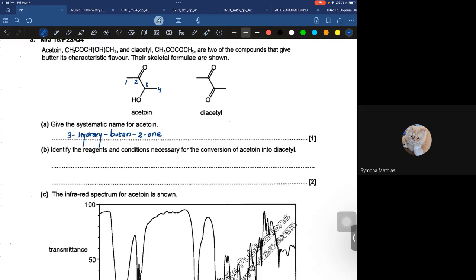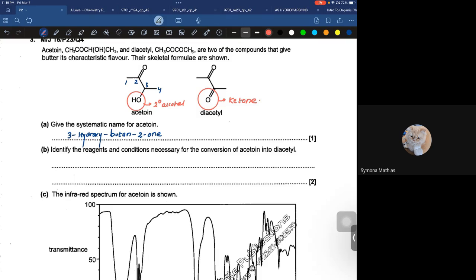Identify the reagents and conditions necessary for the conversion of this compound into diacetyl. You know what's going on in this? This is your secondary alcohol, and this is ketone. Secondary alcohols can be oxidized into ketone.